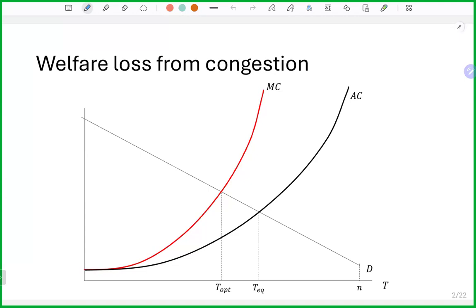In equilibrium it is higher, by this amount. This is a kind of triangle, and this triangle is important in economics because it indicates the welfare loss of congestion, the welfare loss incurred because of individuals' failure to achieve the social optimum.